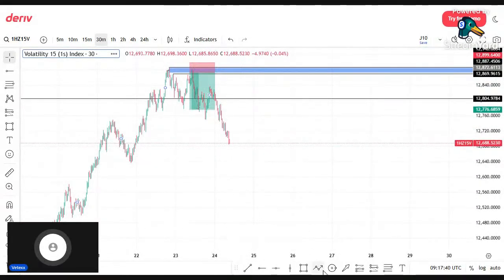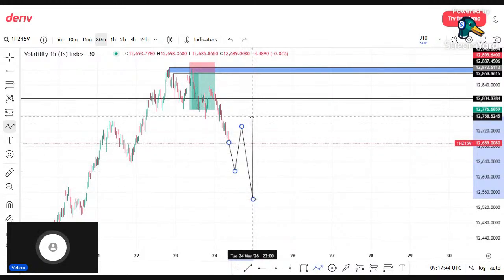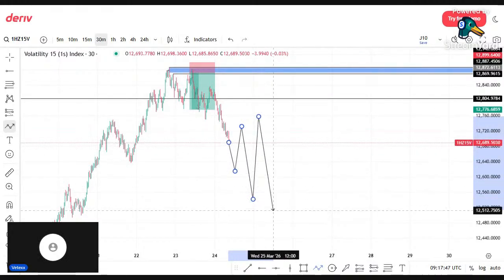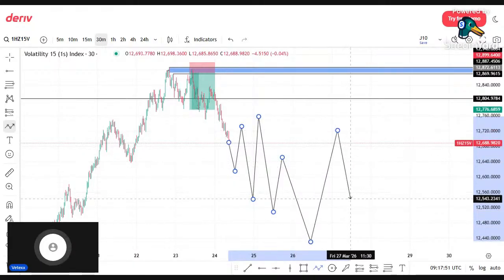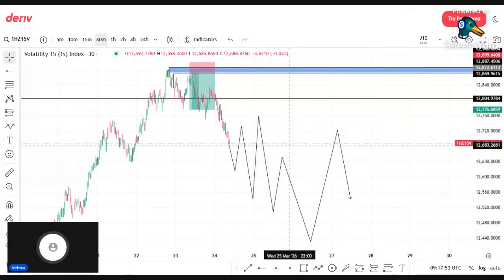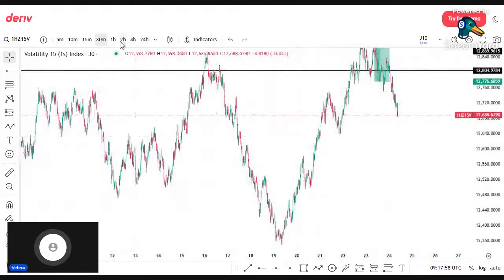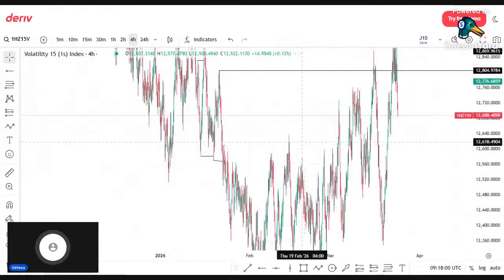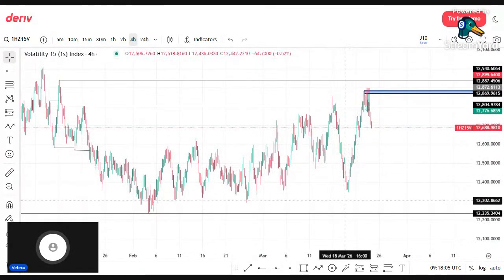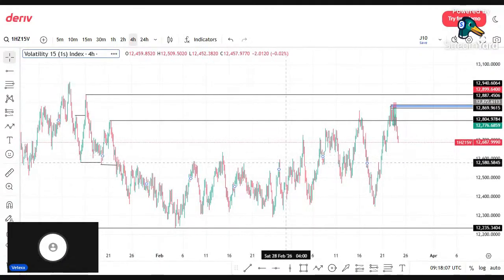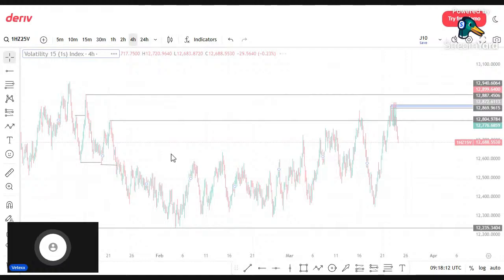Price might decide to tank down all the way here, give us a continuation setup this way, and then we'll still look out for another sell until that target is taken out. So this is what we'll be anticipating on V15 index. V15 index is currently selling from the 4-hour time frame, and we'll be waiting for it until the target is taken out. So the next pair we'll be checking is V25 index.